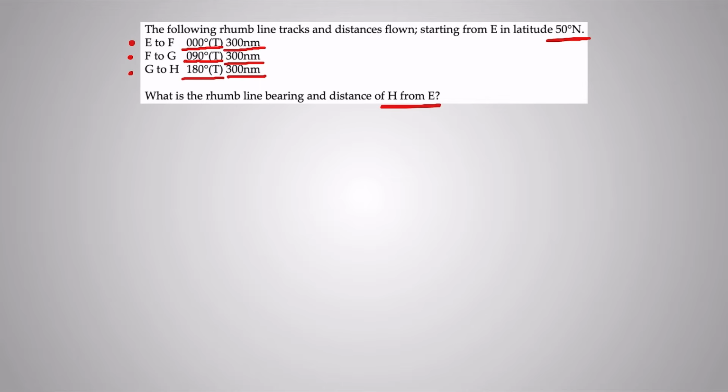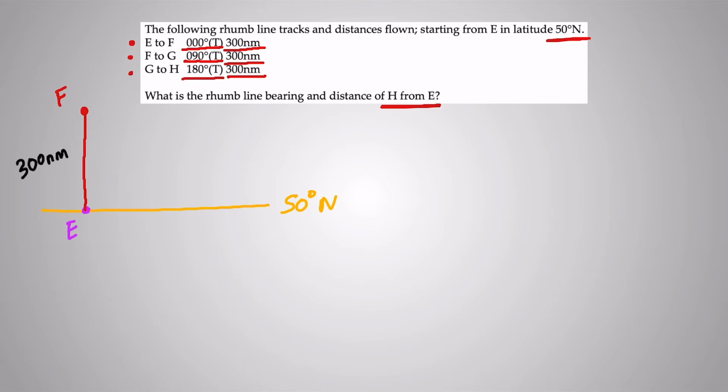So now let's start by plotting all of these rumb line tracks. So let's say this is my 50 degree north latitude and this is my point E over here. Okay, so it says E to F, there's a track of 000 degrees true. So the track will be over here and this point is point F. This is 300 nautical miles long.